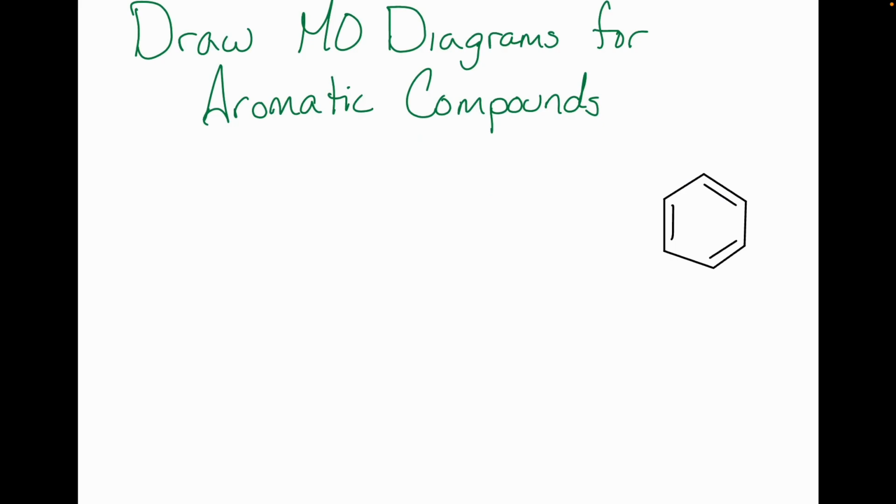So, how do we draw these MO diagrams for these aromatic compounds? Step 1 is we're going to draw our polygon. In this case, I have a 6-membered ring, so I'm going to draw a hexagon.